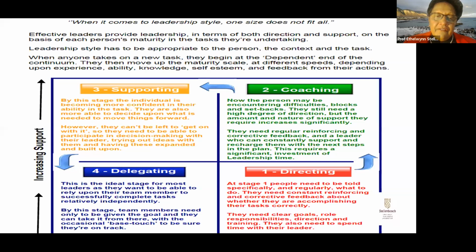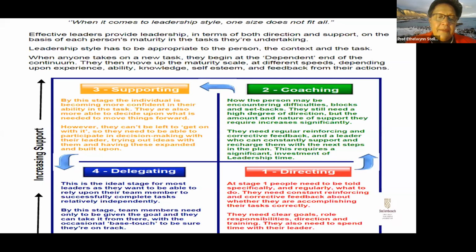And your third level, because now they're becoming more and more mature. By this stage, the individual is becoming more confident in their ability in the task. They are also more able to decide upon what is needed to move things forward. However, they can't be left to get on with it.